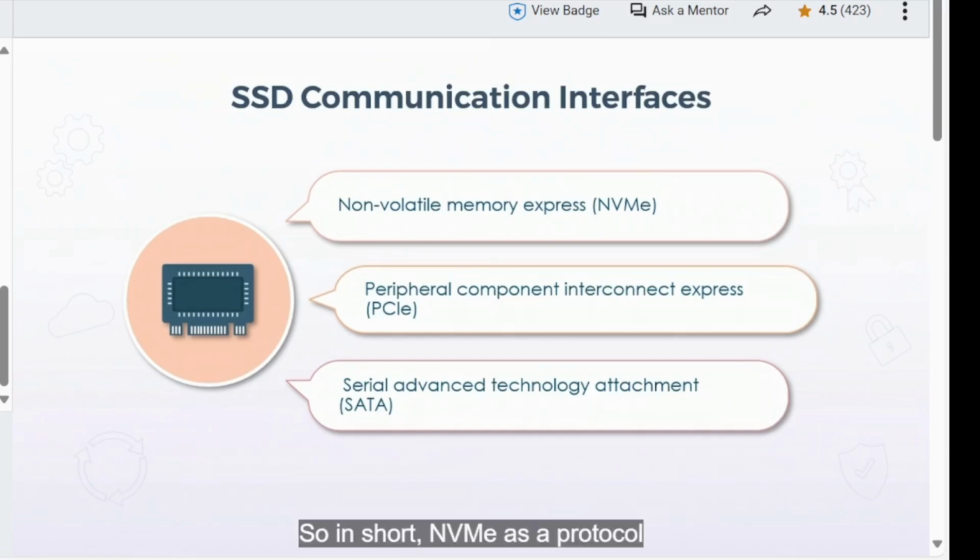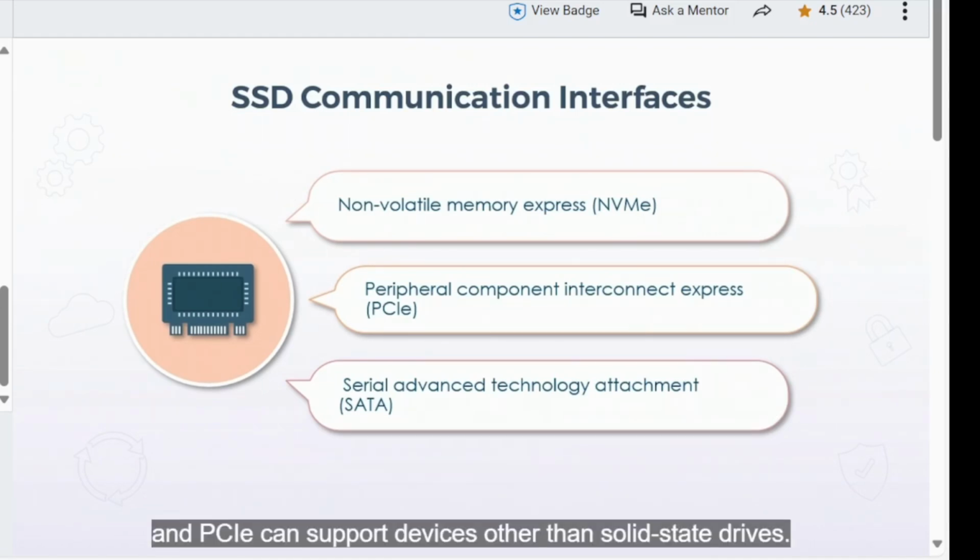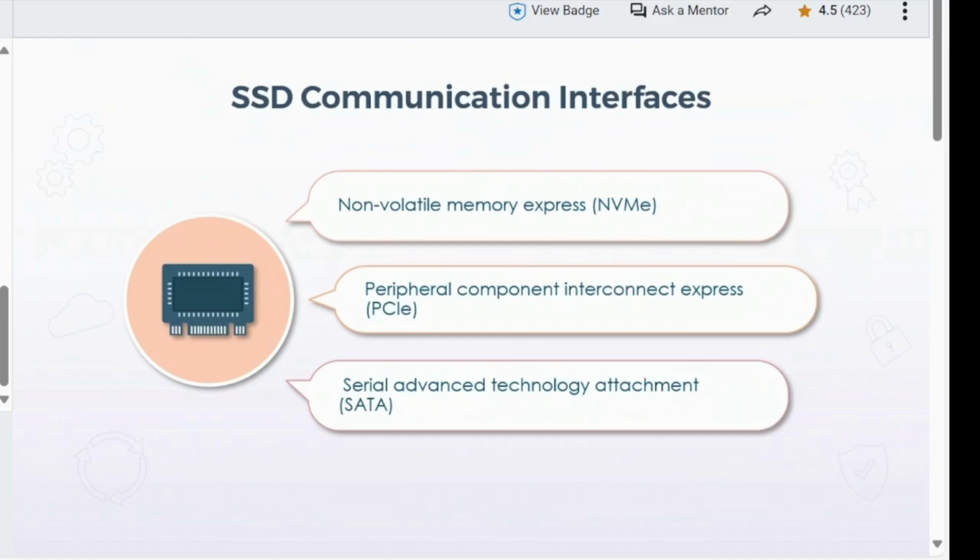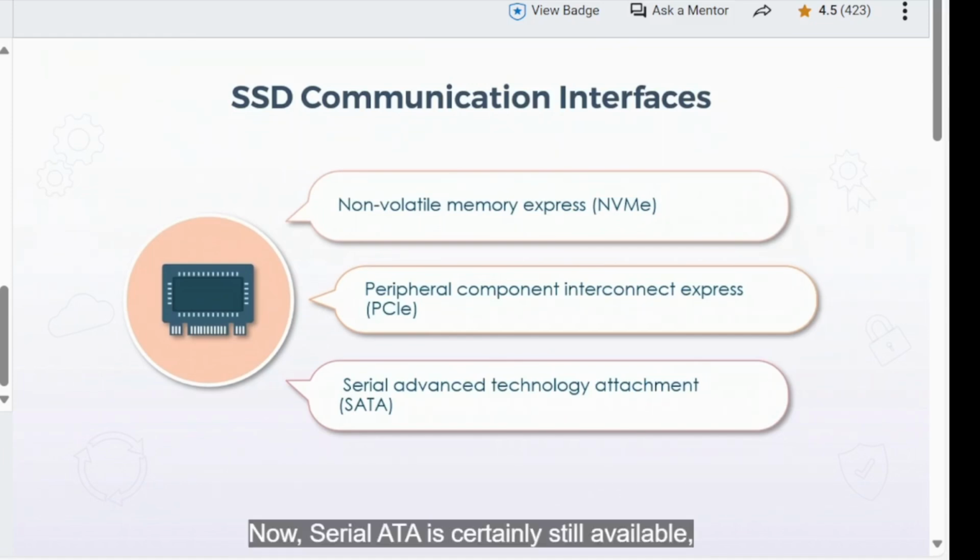So, in short, NVMe, as a protocol, can operate over interfaces other than PCIe, and PCIe can support devices other than solid-state drives. But for many of the internal solid-state drives of today's devices, you would most likely find NVMe over PCIe.